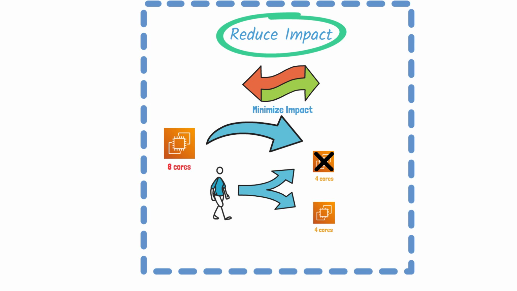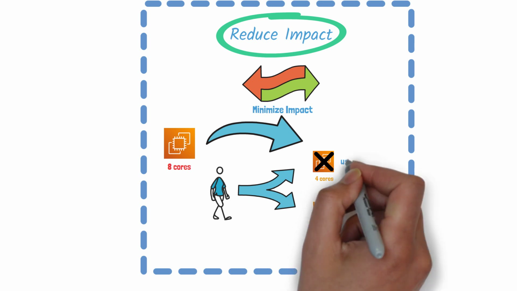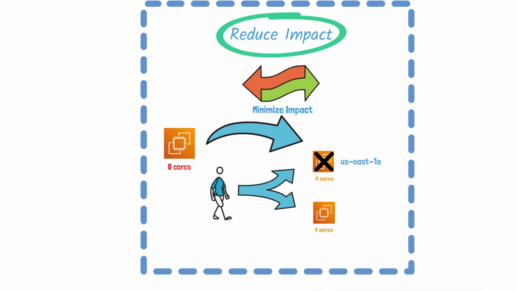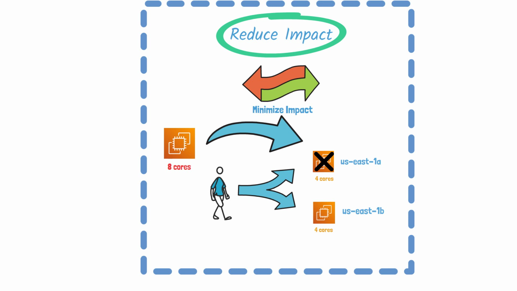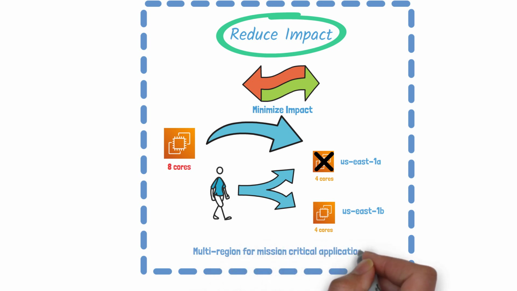In case one instance fails, the other can keep the application running until the system recovers to full capacity. To protect against availability zone failures, you can provision each of these instances in a separate availability zone. And to protect against the entire region failure, you can set up multi-region deployments. This is especially useful for mission-critical applications.